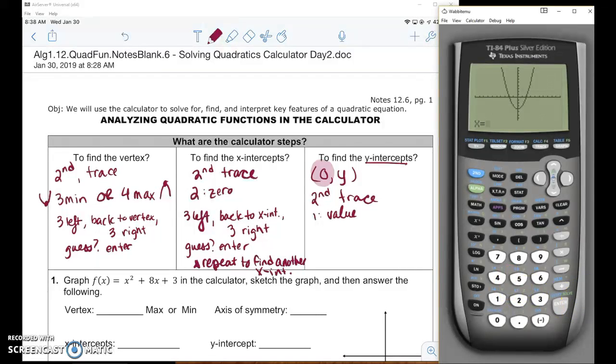We type in the x value that we need, which here is 0. X value is 0 for the y-intercept. Press enter. And it gives us that the y-intercept is the point 0, and it'll give us the y value. For this particular quadratic I'm using, it is negative 4.